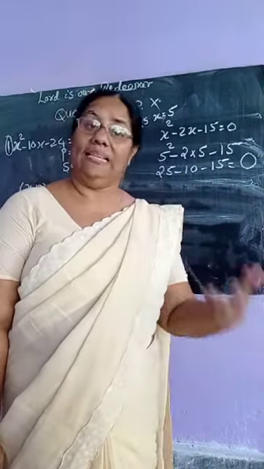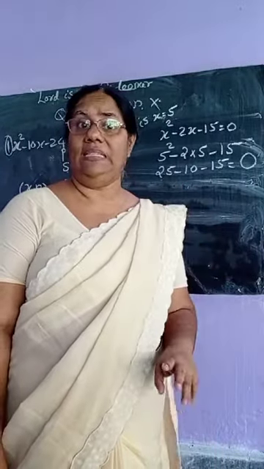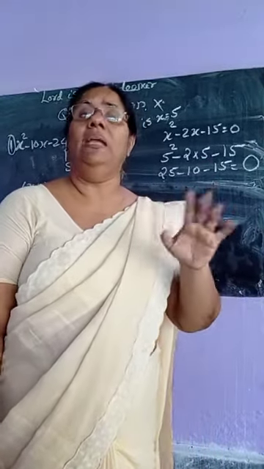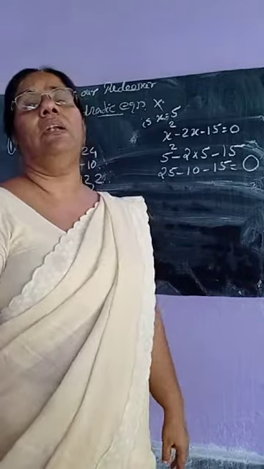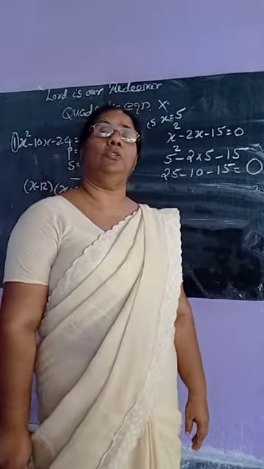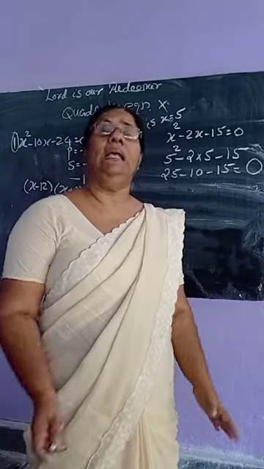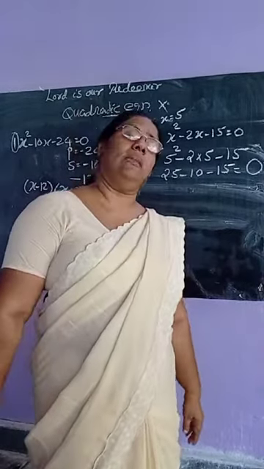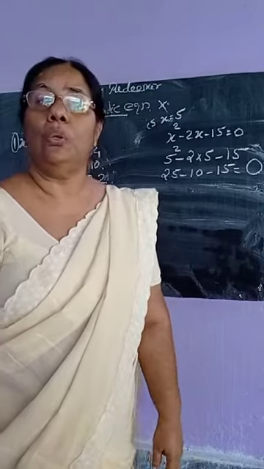Okay. The next type, next exercise, is one number is given, is it a solution of the given quadratic equation. It means in the place of x, you have to substitute the value of that given x. If the answer is equal to 0, then we can say that that is a solution.